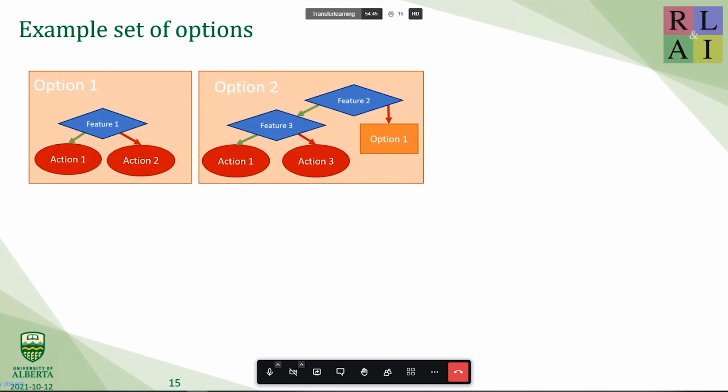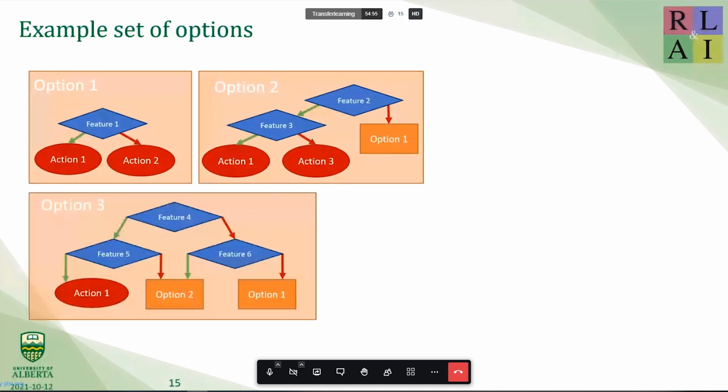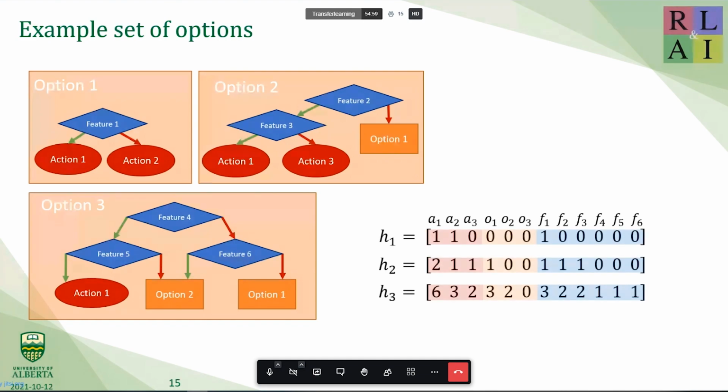If feature 3 is true, then you take action 1. If it is false, and so on. You get the idea. And another option, which is way more complex, uses the 2 previous ones. To compute the complexity, you can count the number of times each node appears.